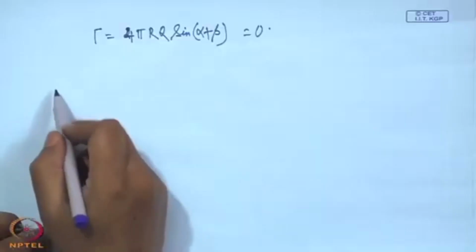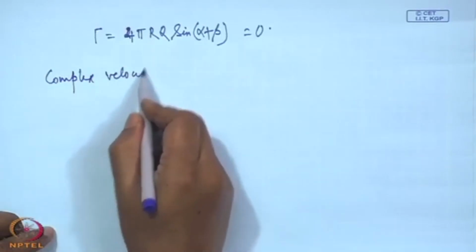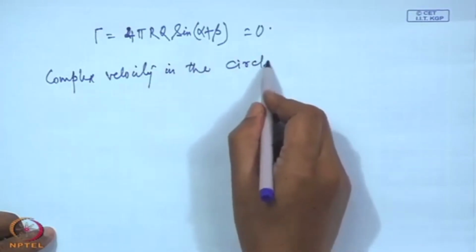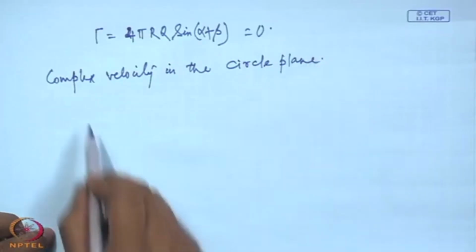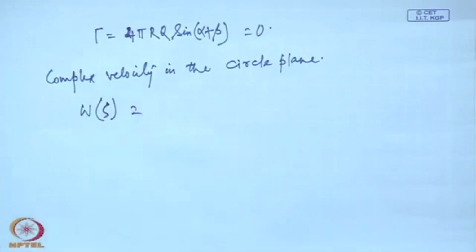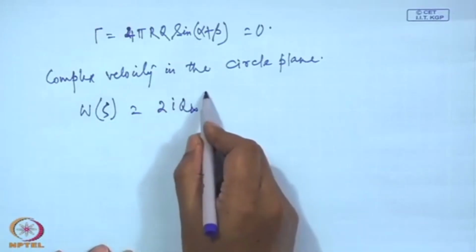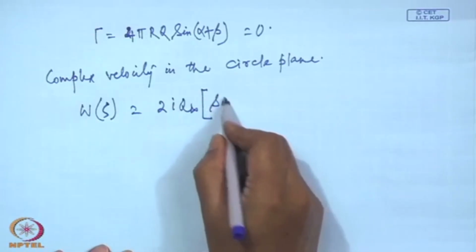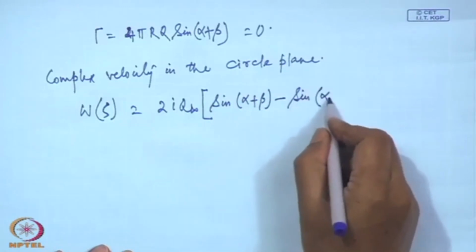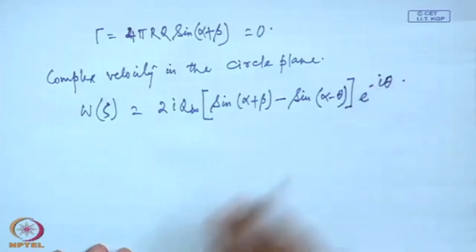If you remember, the complex velocity on the circle plane, we had this expression we earlier derived: 2 i q infinity times sin of alpha plus beta minus sin of alpha minus theta, into e to the power minus i theta.